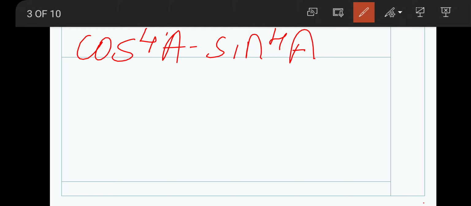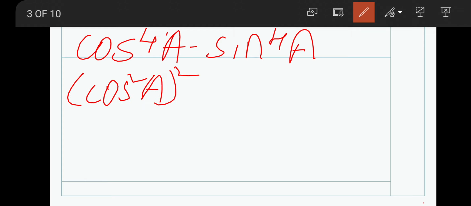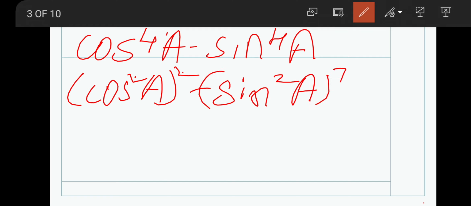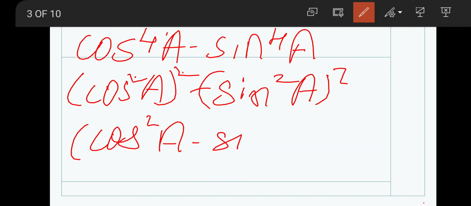Can I write this cos 4a as cos square a whole square? Am I right? Square and square, you'll get 4. In the same way, I am writing it for sin also, whole square. So that means cos square a minus sin square a, into whole square.